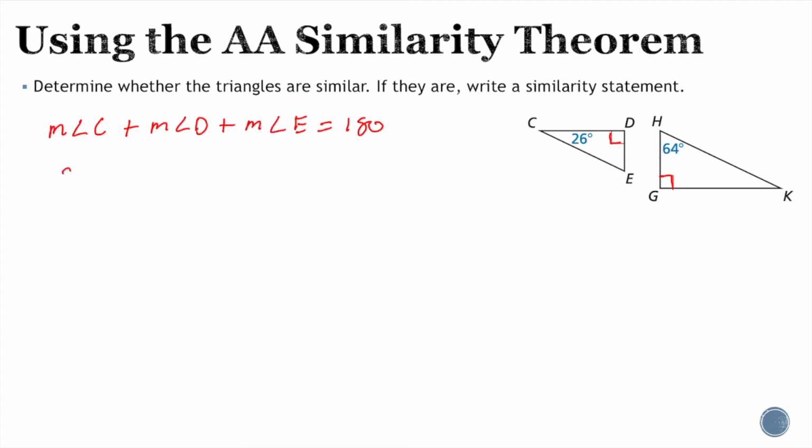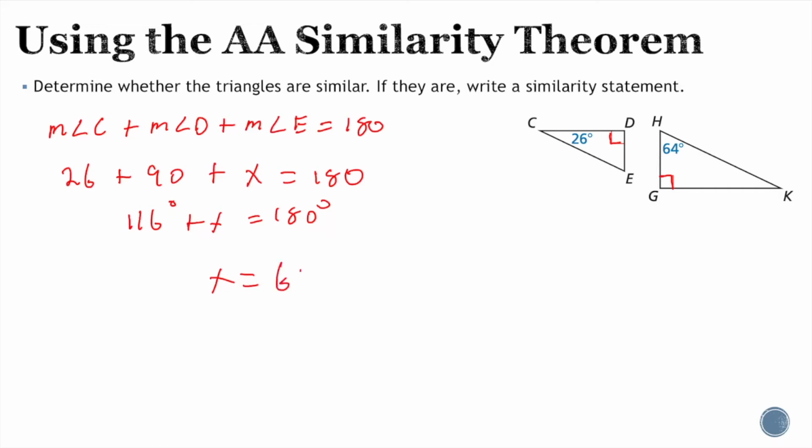So that means that 26 plus 90 plus any value, say x, has to equal 180 degrees. Here I get 116 degrees plus x is equal to 180. Solving for x, I get 64 degrees, which means angle E has to be 64 degrees.